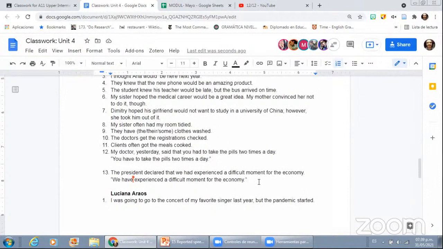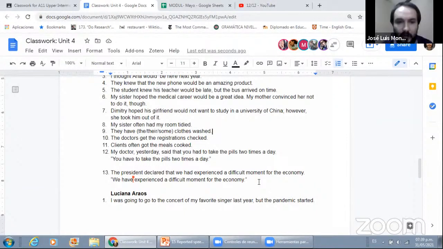My doctor yesterday said that you had to take the pills 2 times a day. The president declared that we had experienced a difficult moment for the economy. Okay, let's analyze now. In the first one, this is present, right? You have to take, present. And you said that you had to take. That is perfect.